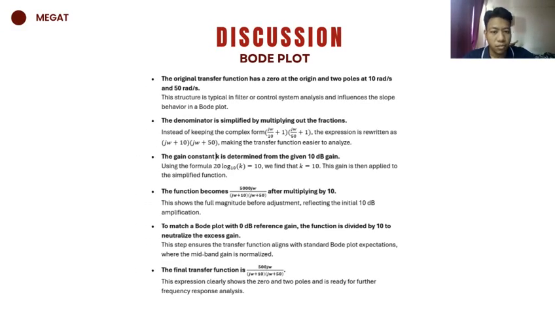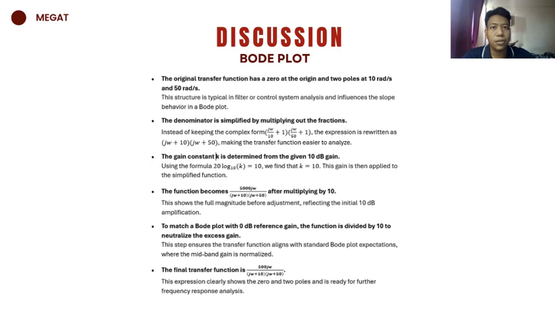Discussion for Bode plot. Firstly, the original transfer function has a zero at the origin and two poles at 10 radians per second and 50 rad per second. This structure is typical in filter or control system analysis and influences the slope behavior in the Bode plot. And secondly, the denominator is simplified by multiplying out the fraction.